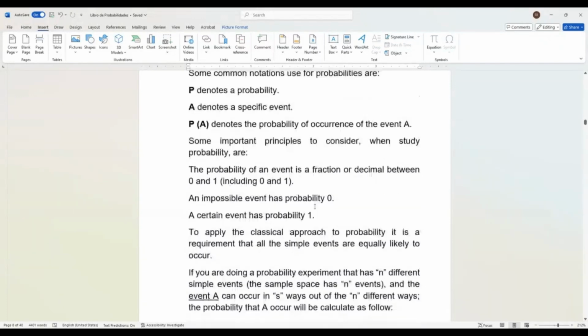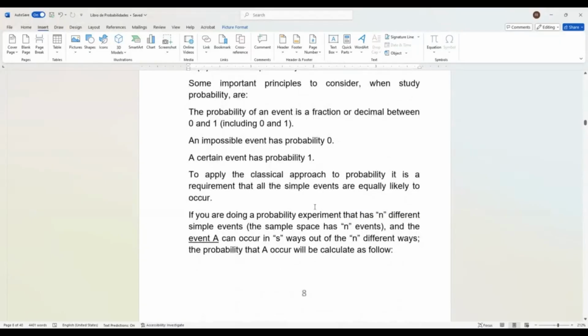Now, if we want to apply the classical approach to probability, it's a requirement that all the simple events are equally likely to occur. If you are doing a probability experiment that has n different simple events, that means the sample space has n events, and the event A can occur in s ways out of the n different ways.